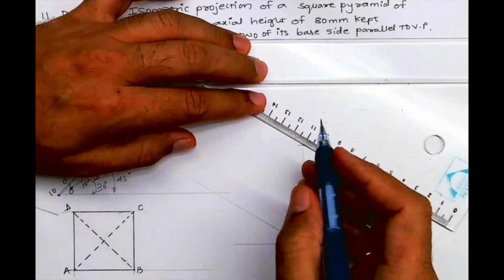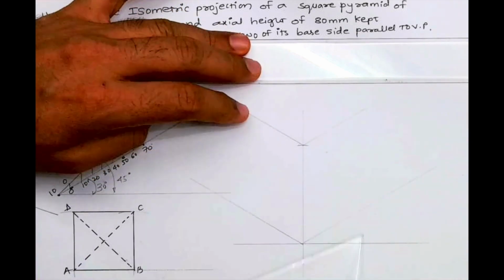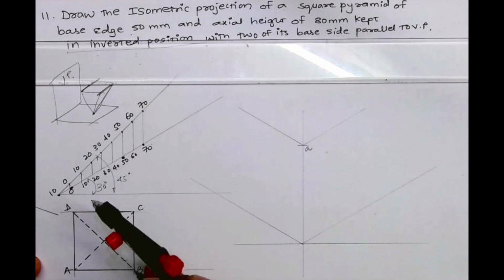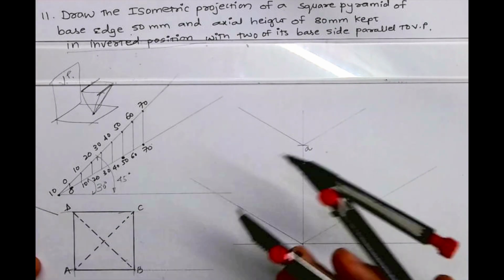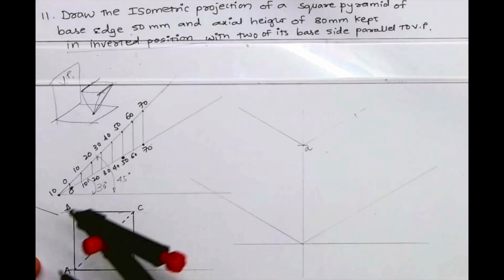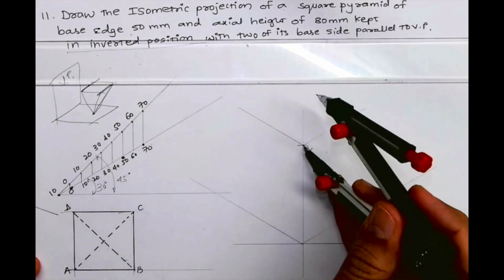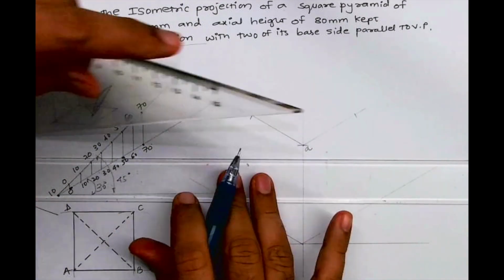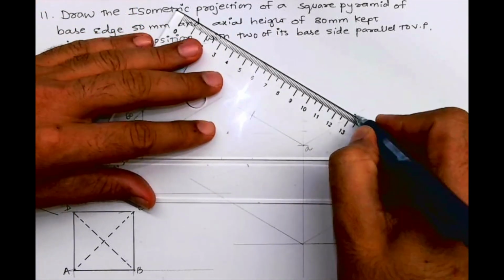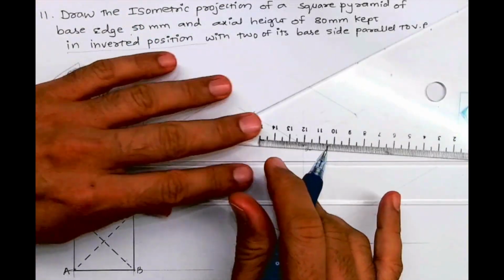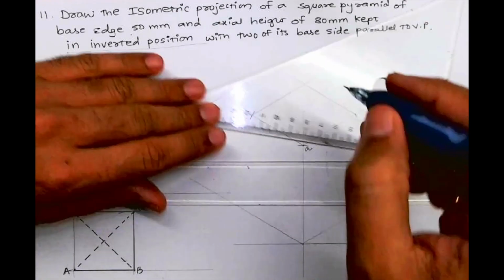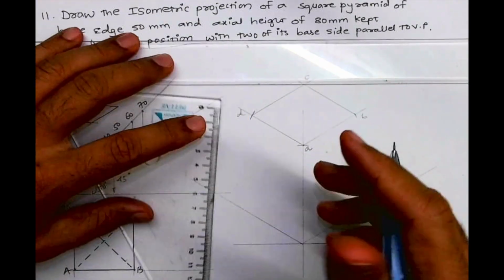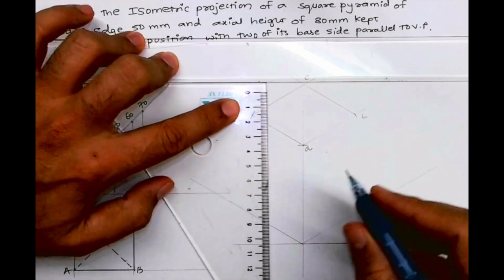Now I need to mark that ABCD. In the box over here, A is over here. We'll take A to B and cut from A. Same way we'll take A to D and cut from A. We'll get D. Then again I'll draw a parallel line for 30 degree. This is BCD. So we are done with the square.